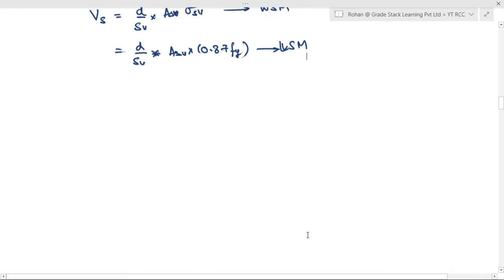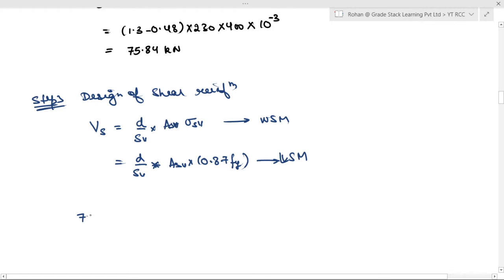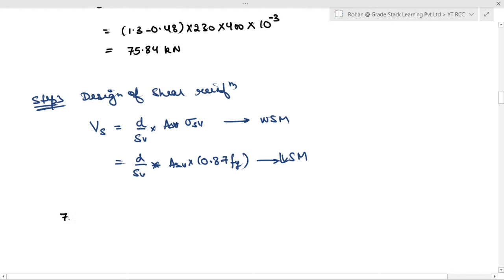Since it is a limit state method, 75.84 into 10 to the power of 3 is equal to d, which is 400, upon Sv, which we have to calculate, into Asv, which is 2-legged 8 mm dia reinforcement, pi by 4 into 8 square, into fy, where the grade of shear reinforcement is Fe250, so fy is 250.